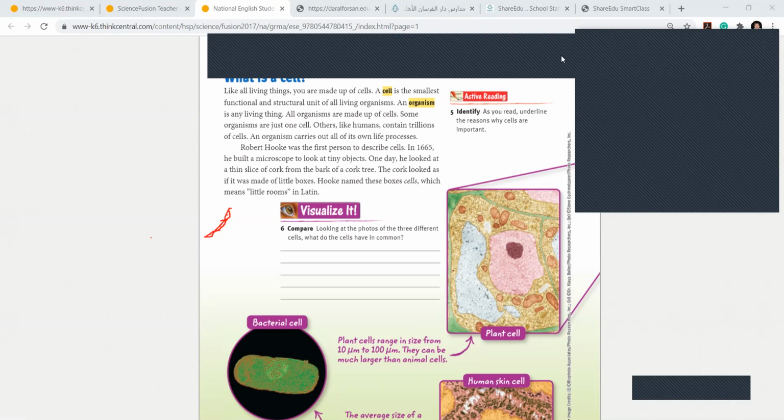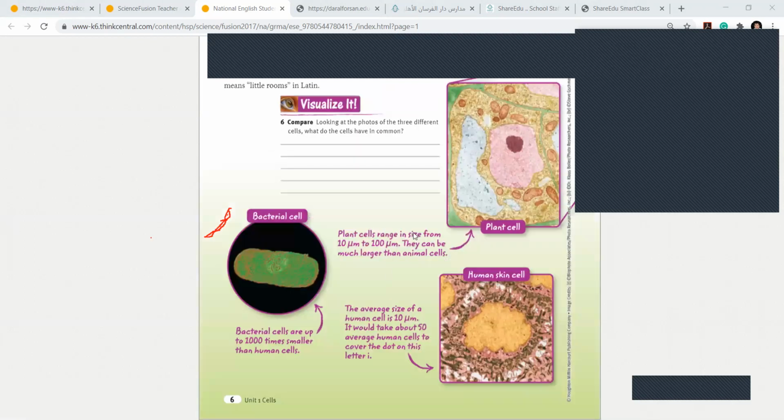It means little room. Now here, they have shown you a plant cell, a human cell, and then a bacterial cell. They said a plant cell is very, very tiny, 10 micrometers to 100 micrometers. And a human cell is about 10 to 50.